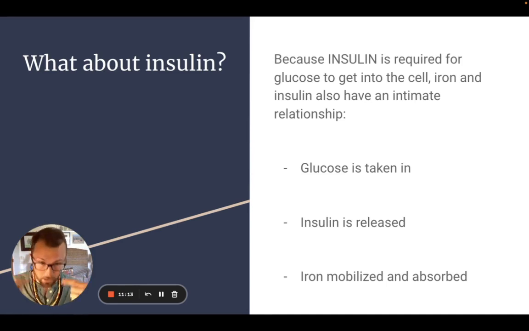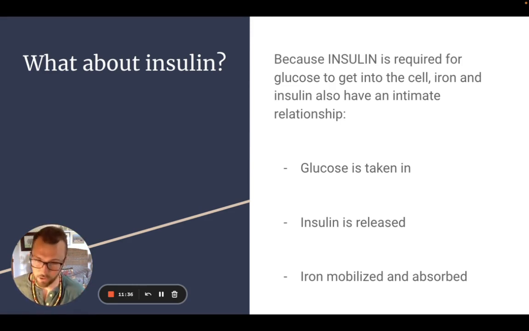So when we take in glucose, our pancreas reads that and releases insulin. When our body releases insulin, that signals our body to mobilize iron to be able to use it with the glucose we just took in so that the cell can make energy. Okay? Let that sink in for a sec.